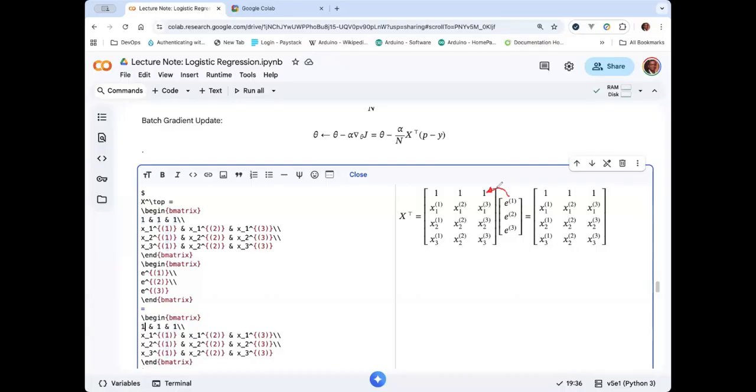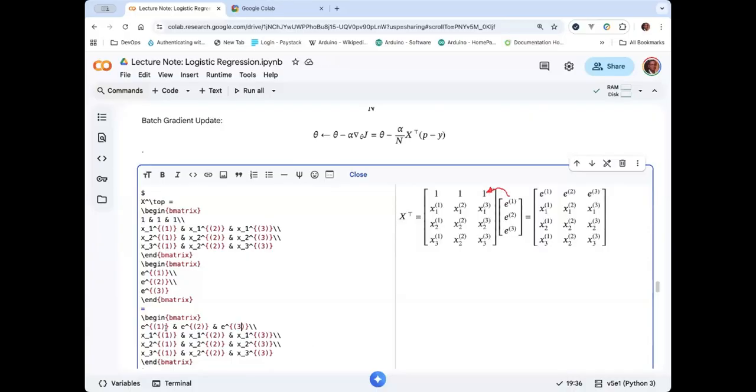When you do that first multiplication, you will get just the errors, right? Just E1 and E2 and E3, right? So you get E1 and E2 and E3, so that's the first one when you do that first multiplication.